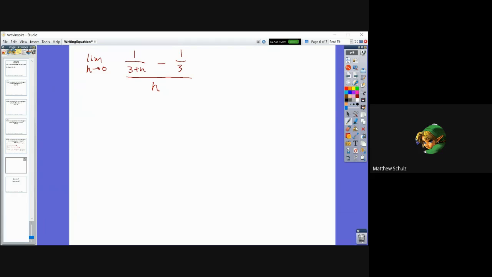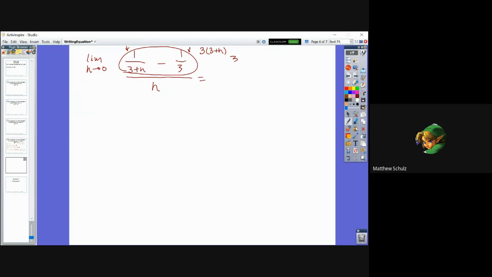Okay, so I'm going to apply the concept of combining two rational functions in the numerator here. The least common denominator between these two is going to be 3 times 3 plus h. That means I'm going to multiply the first rational function by 3 over 3, and the second rational function by 3 plus h divided by 3 plus h.